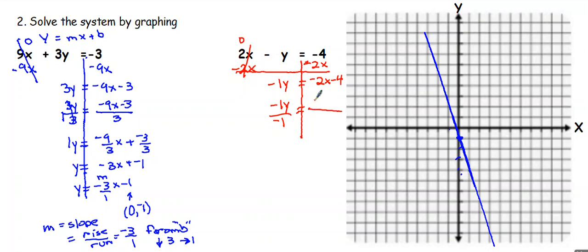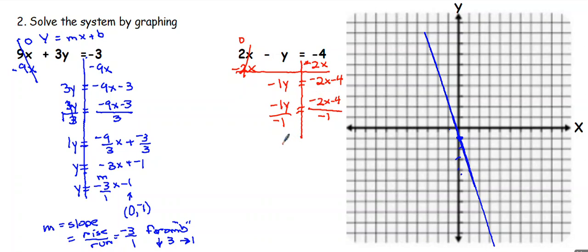And those x's will cancel out, leaving me with negative 1y is equal to negative 2x minus 4. So to get y by itself, I'm going to divide negative 1y by negative 1. And of course, what you do to one side of the equation, you do to the other. So I'm going to divide negative 2x minus 4 by negative 1. Well, what that does is it changes the signs, since a negative divided by negative is a positive.